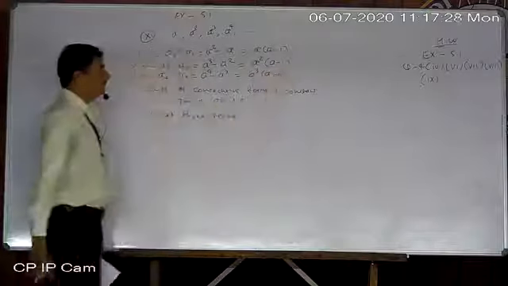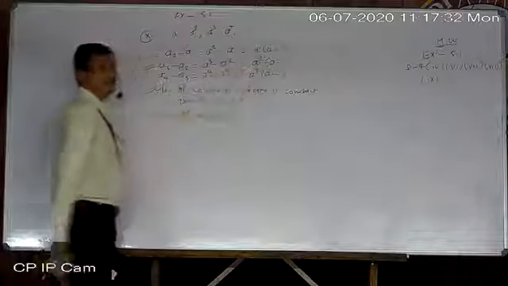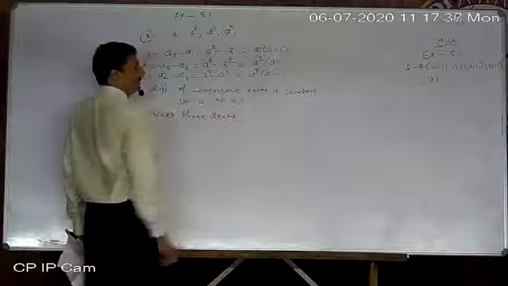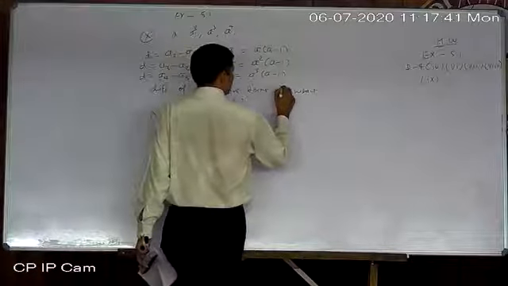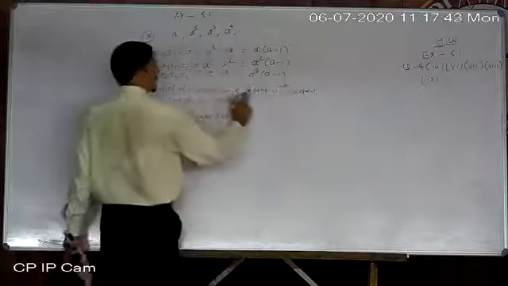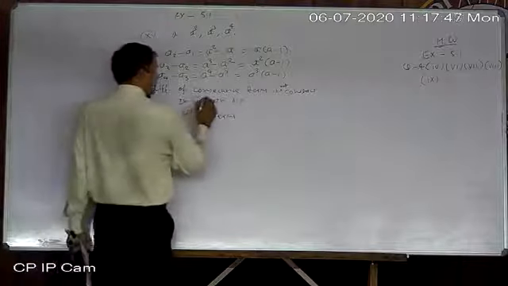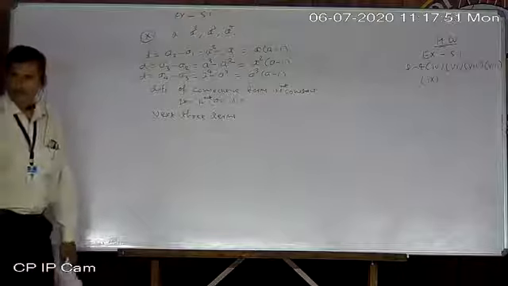Even then, all differences should be equal but they are not equal. What is outside the bracket is different. So the difference of consecutive terms is not constant. Therefore it is not an AP.